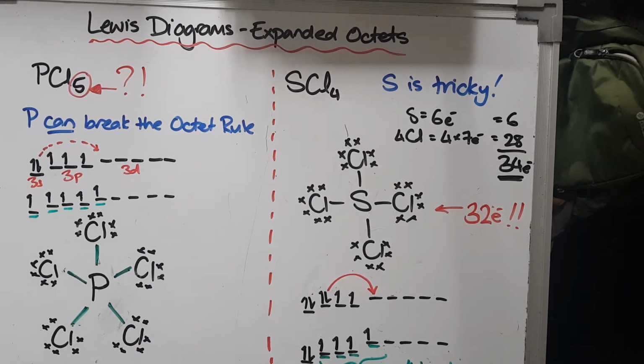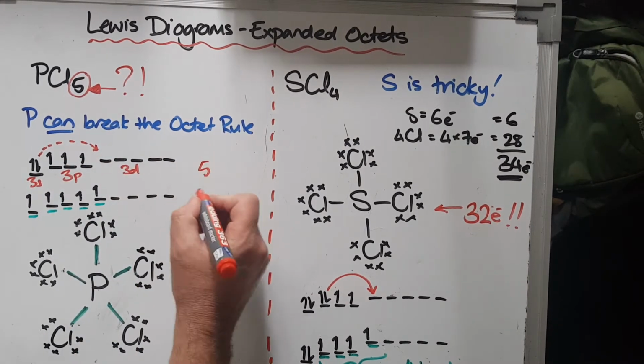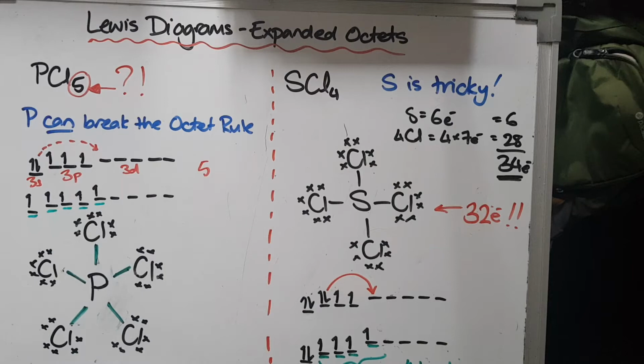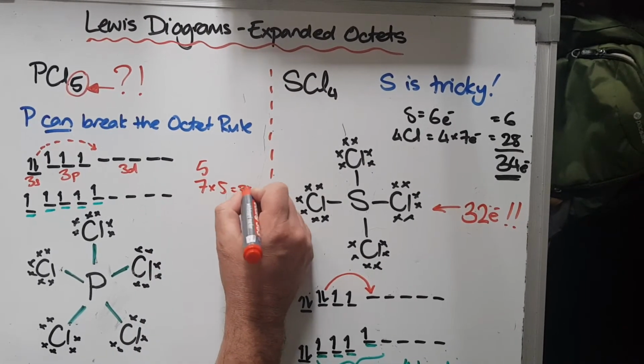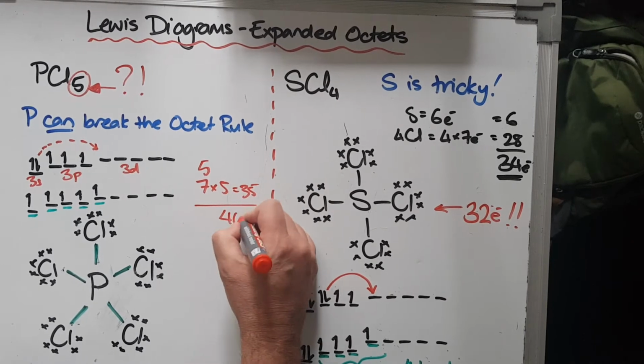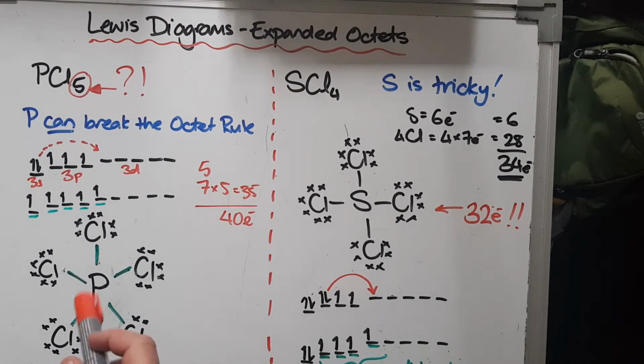Now I still would need to check. Phosphorus has got 5 valence electrons, and each chlorine has got 7, so 35. So in total we need to have 40 electrons. Let's double check if we've got that. Now there's 5 chlorines. If we add up what's around one of those, we can times it by 5.